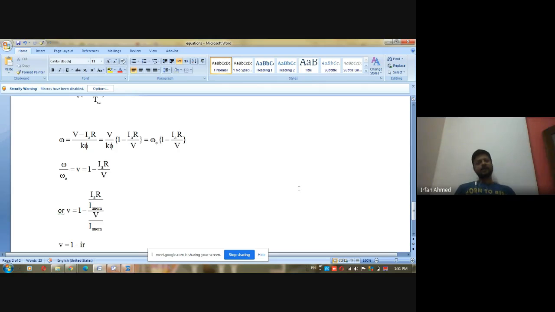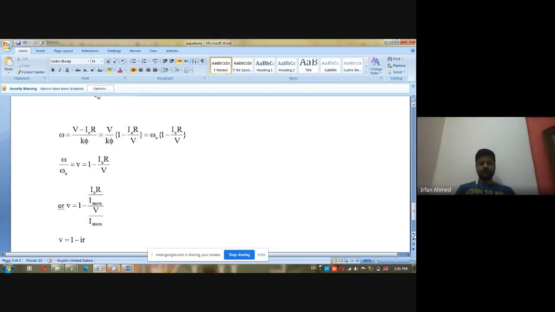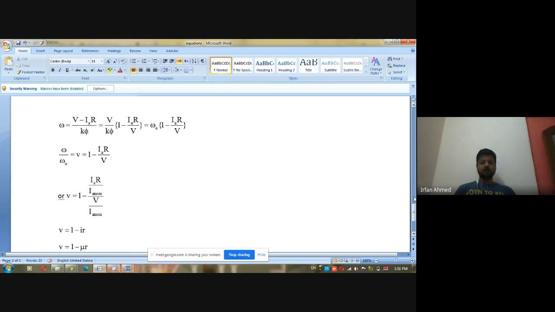Now, in case the flux is constant, which we are assuming, this equation can also be written as v is equal to 1 minus mu R. i was the per unit armature current.